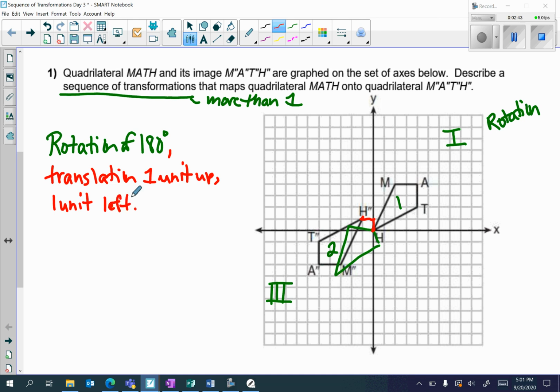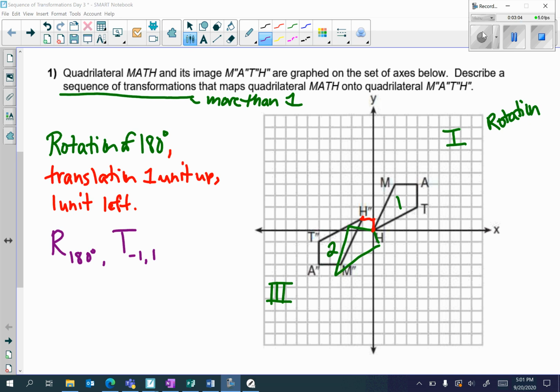You could write this also as a rotation with a capital R of 180 degrees, and then a capital T of 1 unit to the left would have to be -1, and 1 unit up would have to be 1. Now, I'm missing one thing.